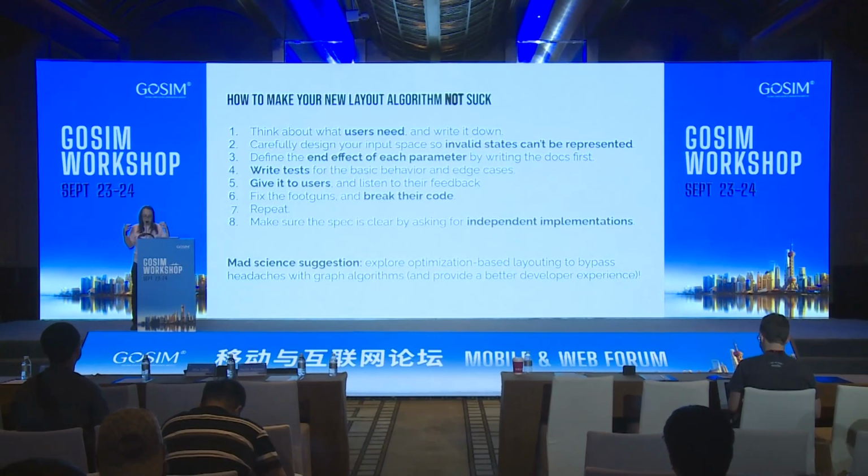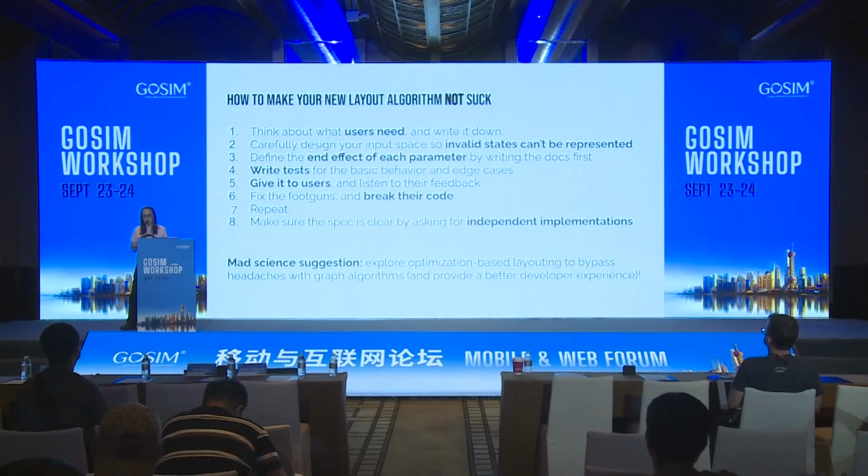Next, you hand it to the users, you listen to their feedback, you make your thing better, because ultimately these things are designed to be used by users, and we know that they are incredibly hard to use. They're incredibly hard to learn. They're frustrating and tedious.